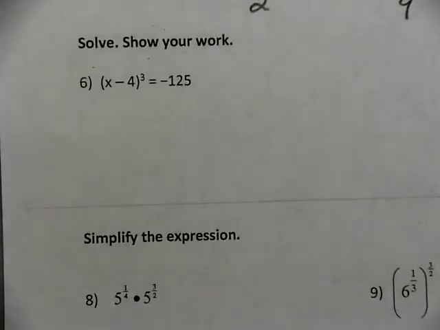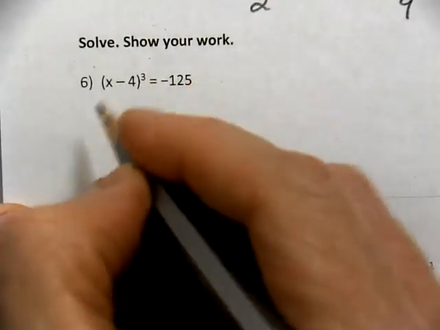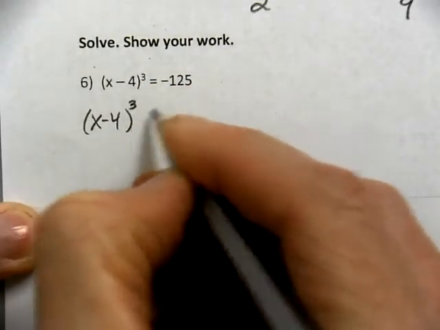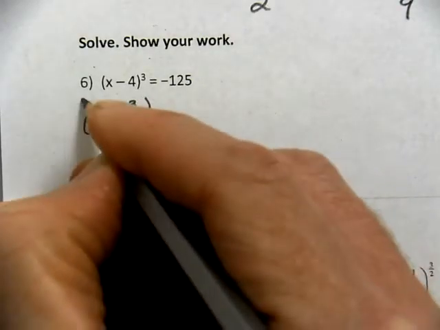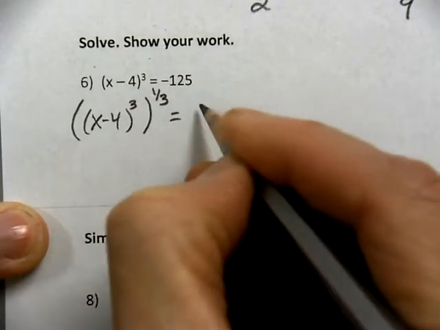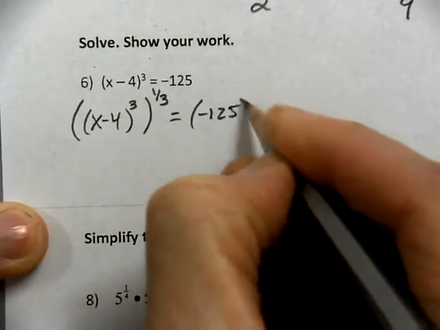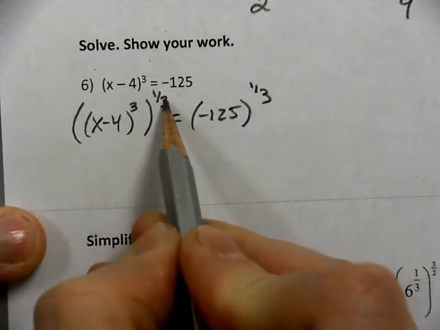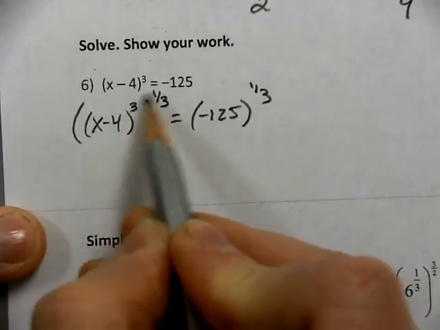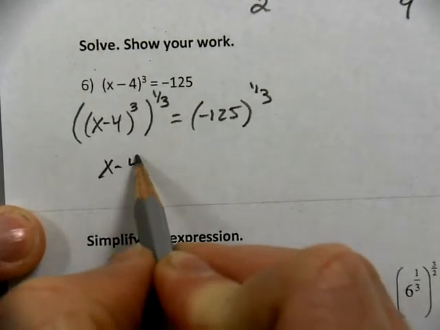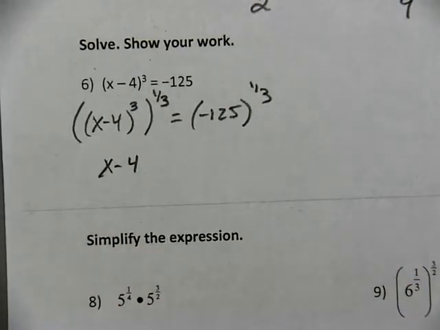Here we're going to solve. So one way that we did it in our notes was to raise the power to the reciprocal. And whatever you do to one side, you also have to do to the other side. So 3 times 1/3 gives you a value of 3 over 3, which is 1. So x minus 4 to the first power.